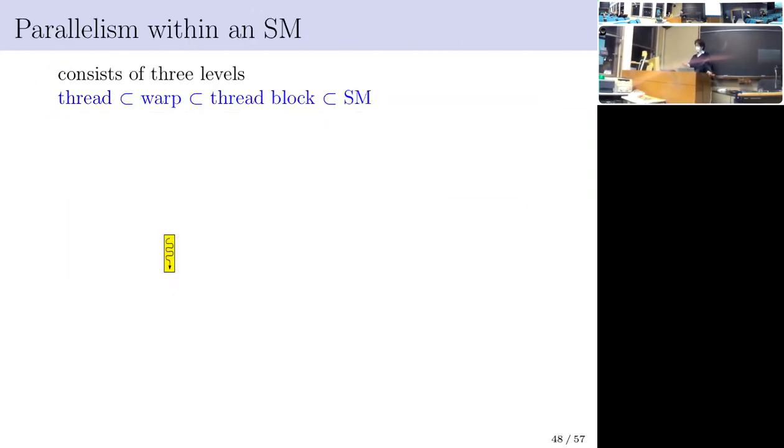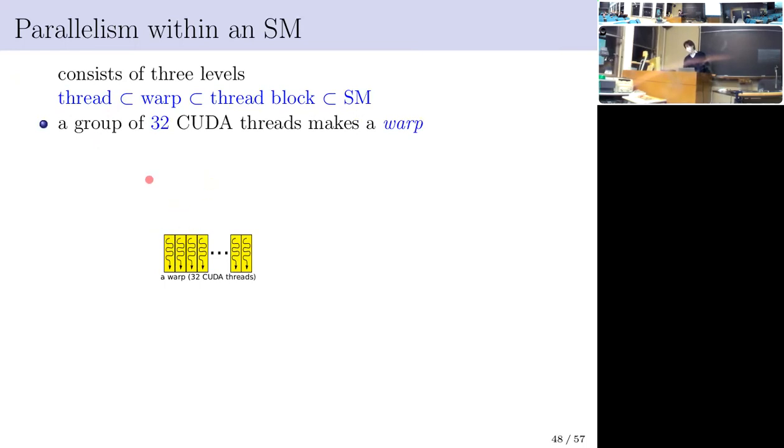This slide is kind of revisiting what I explained last week, but it is a very important point. There is a hierarchy of parallelism within a single streaming multiprocessor. That starts with the thread, which is the sequential computation you describe as a kernel function in the CUDA program.